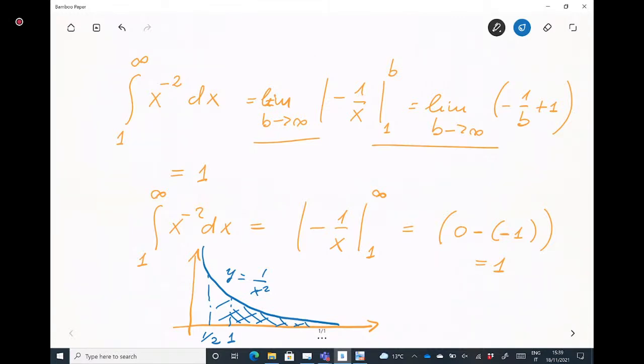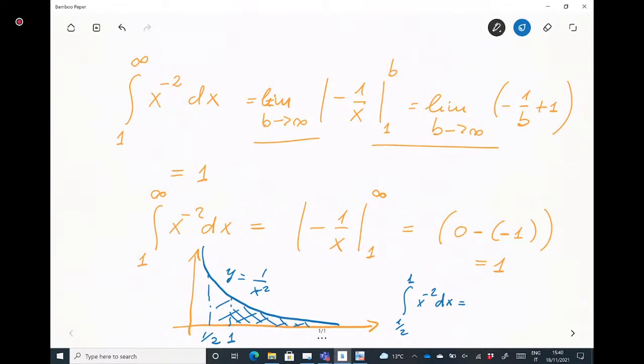Clearly, this is just an example, but the integral between 1/2 and 1 of x to the power of minus 2 dx can be regarded as the integral between 1/2 and plus infinity minus the integral between 1 and plus infinity. Because this has the meaning of an area, even if it lies below a branch that goes, I mean, it is not a finite area.